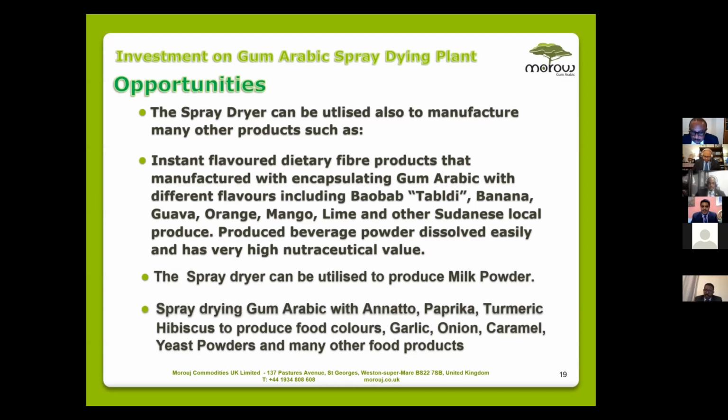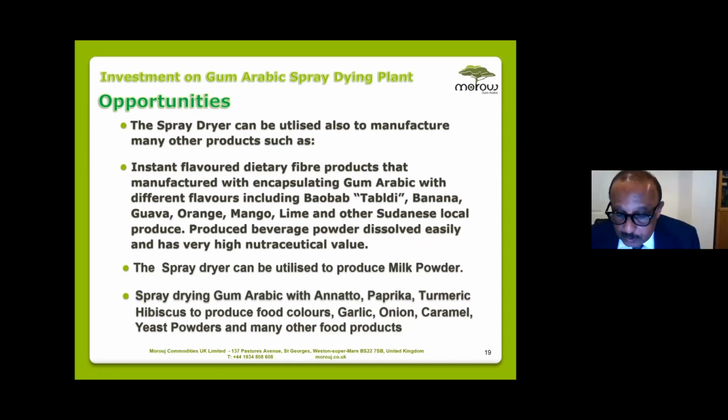All these food colors are known internationally because they are natural food colors. They can be produced with gum as a carrier. Garlic, onion, caramel, yeast powder, all these types of product can also be spray dried with a spray dryer.